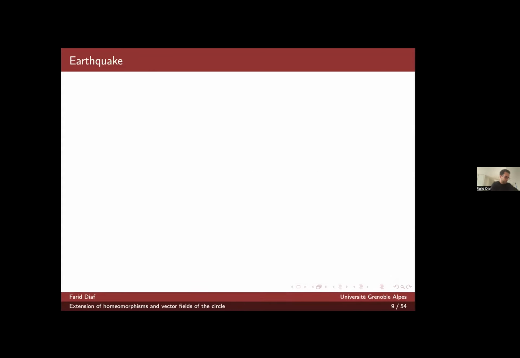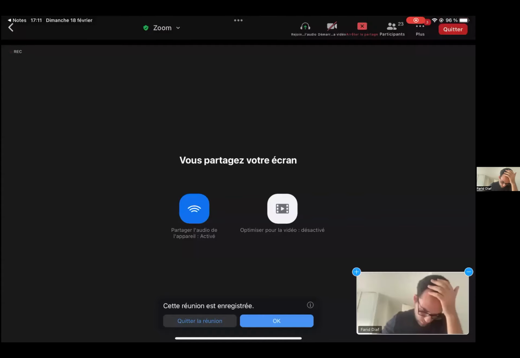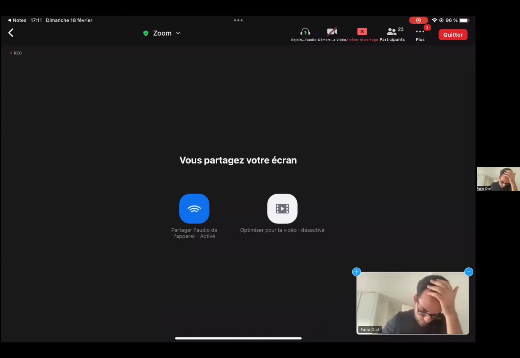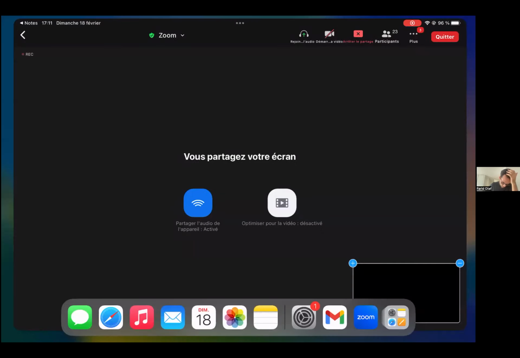Okay, so now let me introduce the earthquake map. Before that, I would like to give a vague idea of what these maps are.